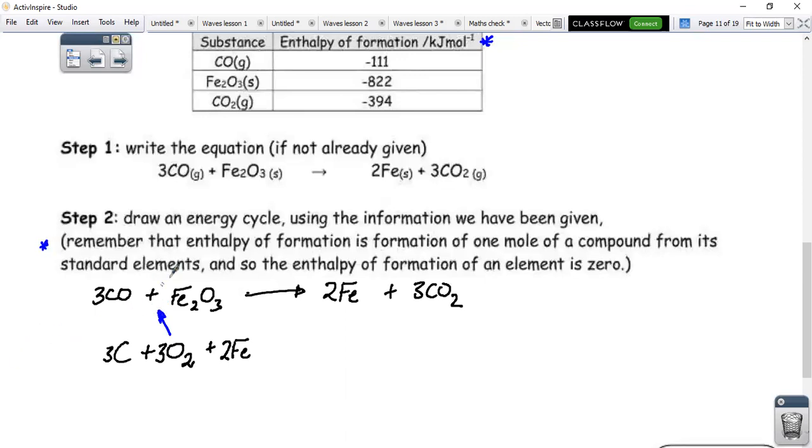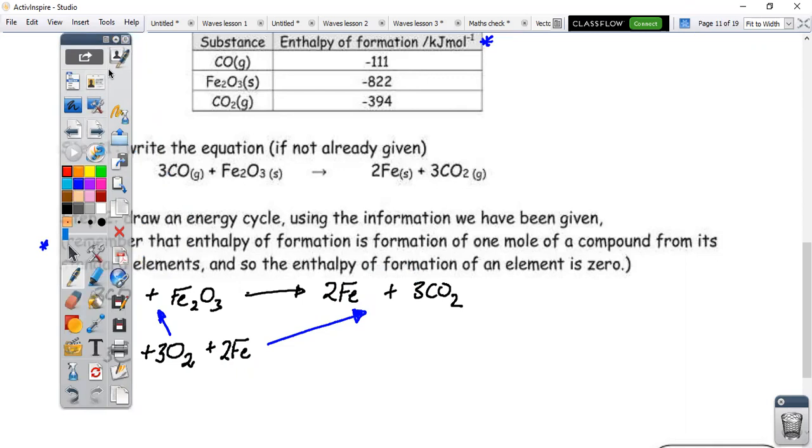Now at the same time, if I look very carefully, this is exactly what I need here to form carbon dioxide as well. Can you see that? So this arrow forms what's on the right-hand side as well. Now then we can label these. I'll put a different color here. We'll use a green color here.